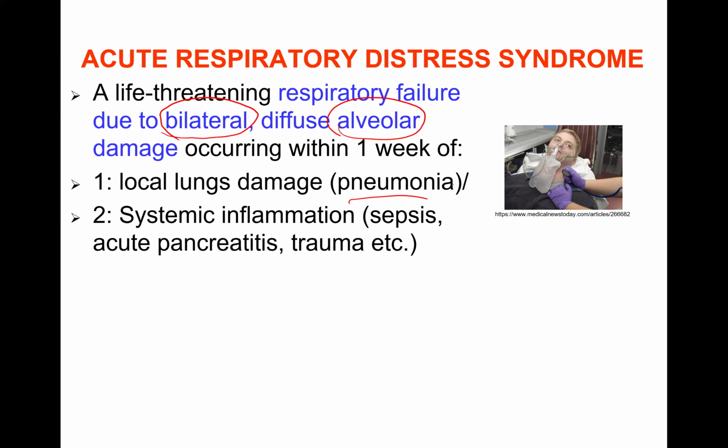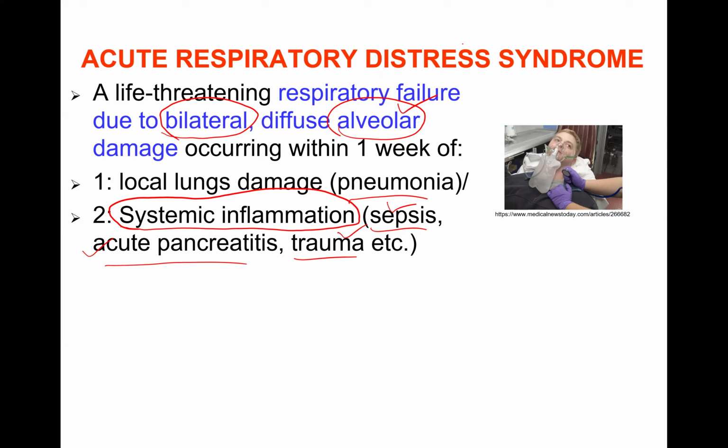Second, another set of patients may present with ARDS due to acute systemic inflammation. Systemic inflammation due to sepsis from any other organ, or acute pancreatitis, or traumas, multiple fractures, uremia, and so on. So these conditions or diseases, acute pancreatitis, sepsis, traumas, multiple fractures, brain injuries, they incite acute inflammation systemically, in which neutrophils get activated and then infiltrate into the lungs to cause bilateral lung alveolar damage.